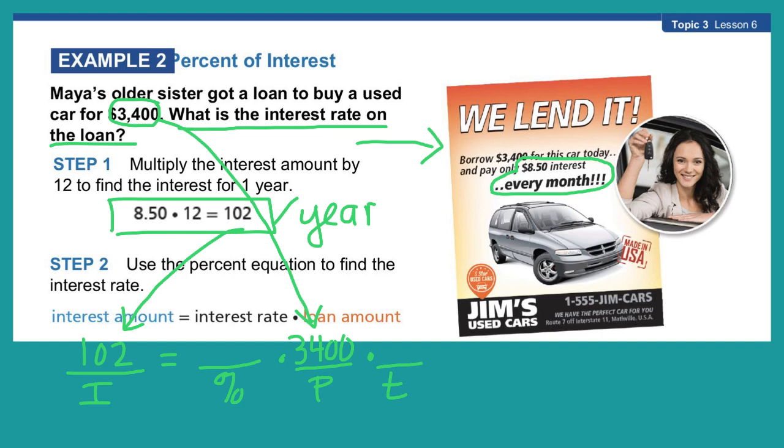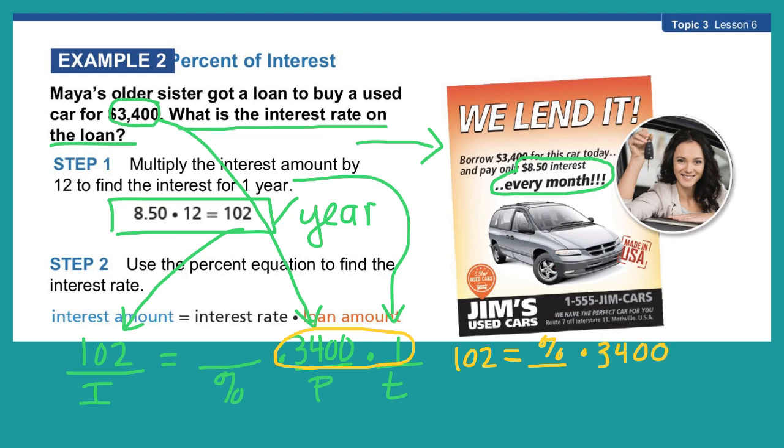And we're talking about 1 year. Okay. So I'm going to go ahead and recopy this in yellow over here. I had a 102 on the left. I had an equal sign. I had some percent that I'm not sure what it is. And let's put these together. 3,400 times 1 is 3,400.